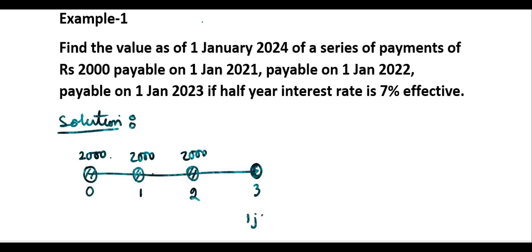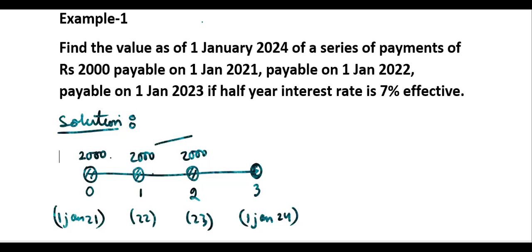You have to find the value here at 1 January 2024. This is 1 Jan 2024. This is 1 Jan 2021. This is 22. This is 23. You have to find the value here, and then this one also, all three payments here.